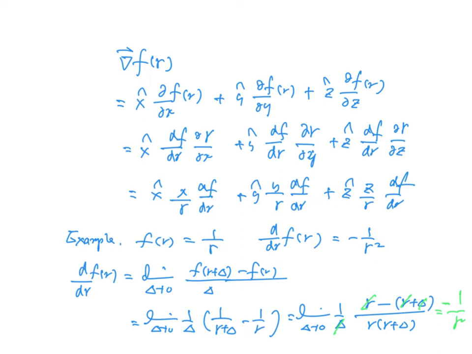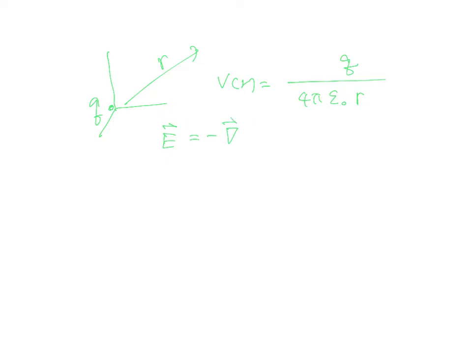For example, if you have a charge Q, and you want to calculate the potential at r, then you have a potential which is Q over 4 pi epsilon 0 r. An electric field is defined by minus the gradient of V of r.